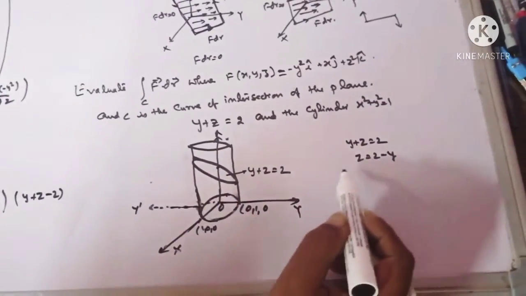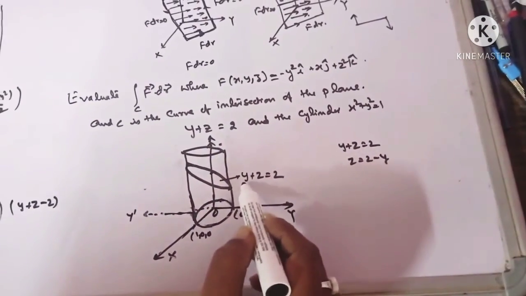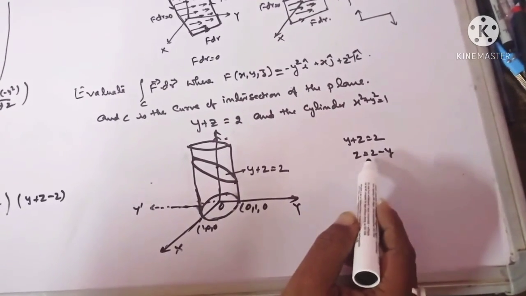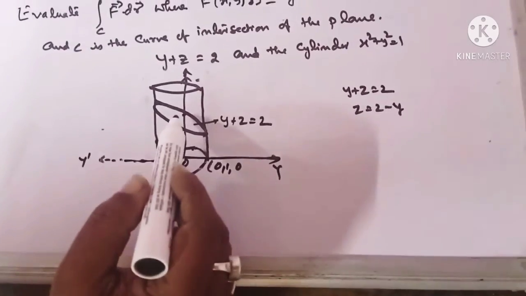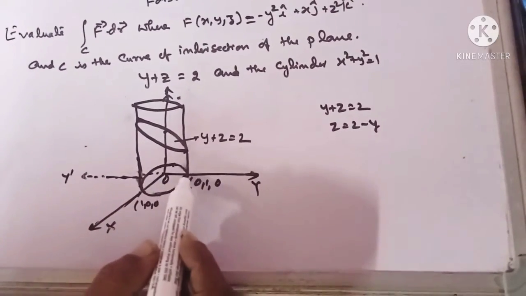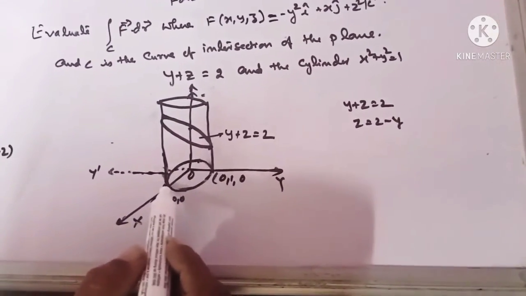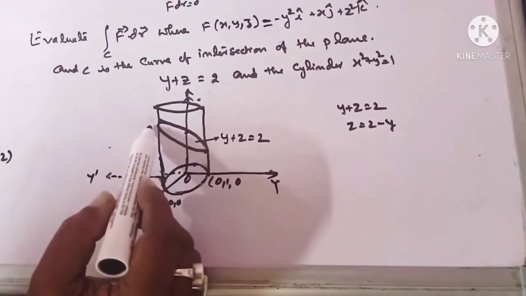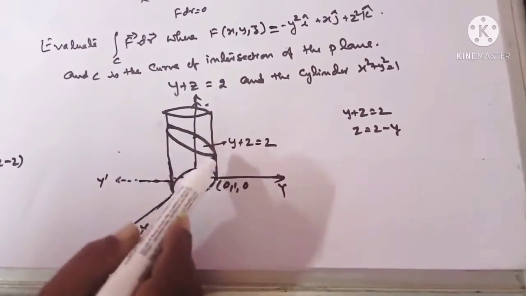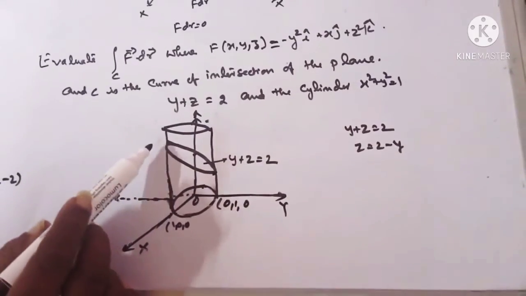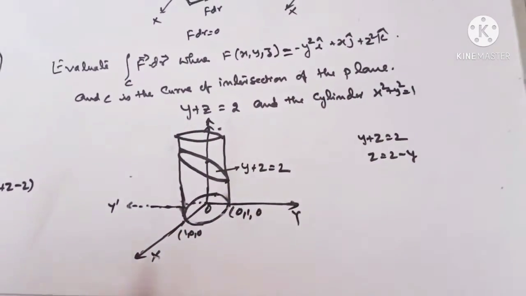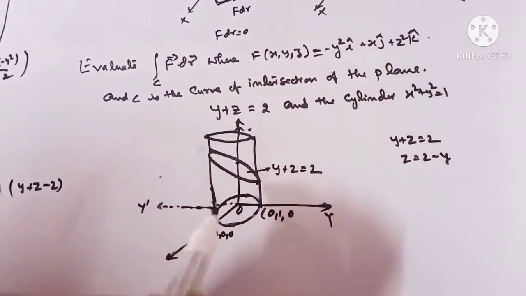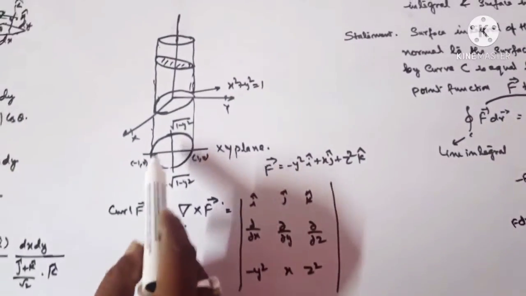So I have told you, y plus z is equal to 2. From this you can see if y is equal to 0, then z is 2, and when y is 1, z is 1, and when y is minus 1, z is 3. So your plane is inclined, and what must be the projection in the xy plane?